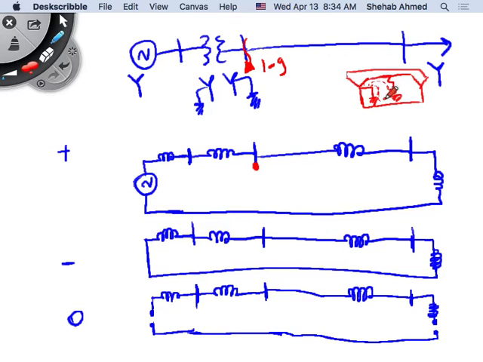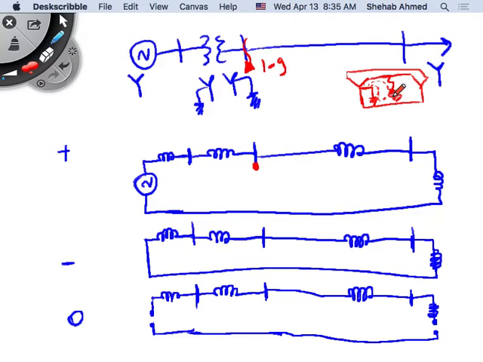So current will flow in the neutral. Do you agree or not? If there's a fault to ground, current will be flowing in my neutral through the ground circuit, right? If current is flowing in the neutral, what does that mean about the zero sequence current? It will exist. There will be some zero sequence current existing, right?